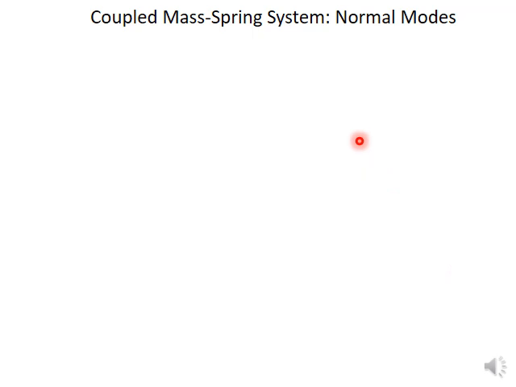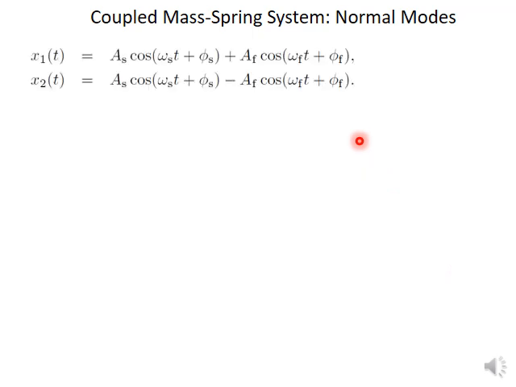So the two sets of displacement turn out to be something like this. Now, this 1/2, because you have added the two 1/2s, you are left with only AS here, and similarly you are left with AF, which is the coefficient of the fast component. These two are real numbers, and the phase has been included in this phi s in this bracket here. The phase is this constant phase phi s and phi f.